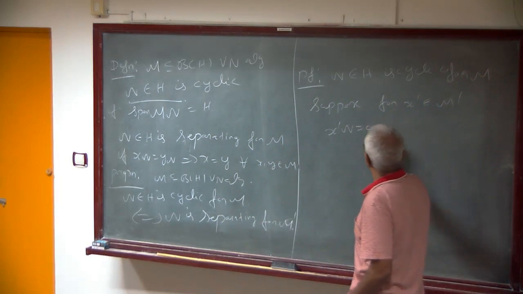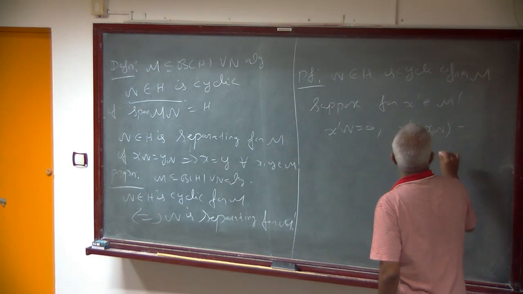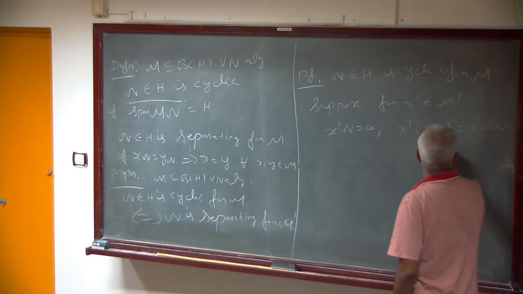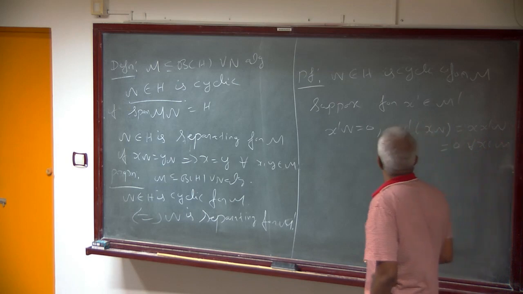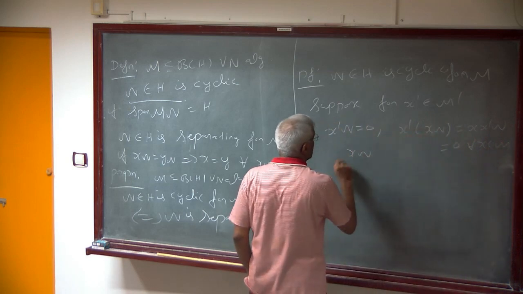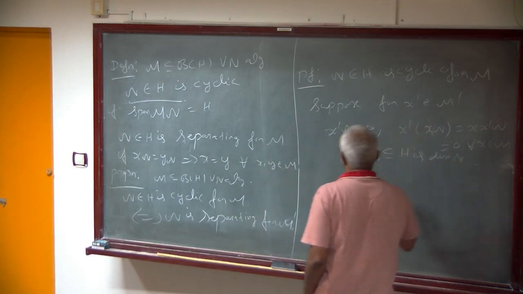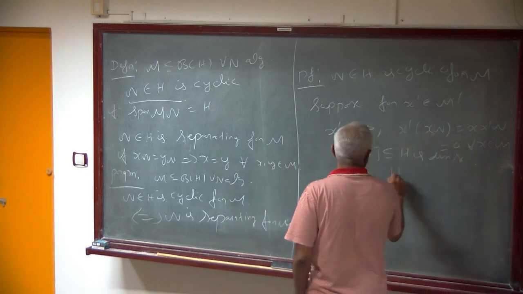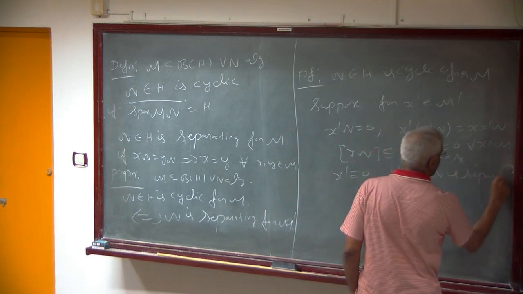But this implies X prime acting on X omega, equal to X X prime omega, of course, because it commutes, which is equal to 0. So this is for all X in M. But then this is dense. So as an operator, X prime equal to 0. Hence omega is separating for M prime.